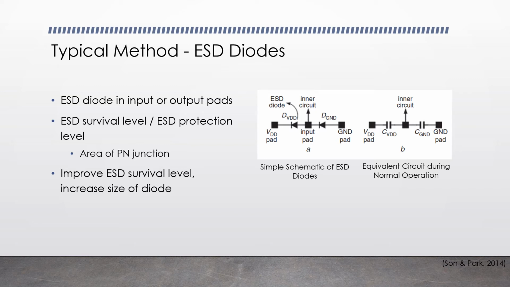The ESD survival level, or the ESD protection level, of DVDD and DGND can be determined by the area of the PN junction of the diodes. Accordingly, to improve the ESD protection level, which is the highest voltage that the circuit can accept of an entire IC, the area of the PN junction and the size of the diodes need to be increased.